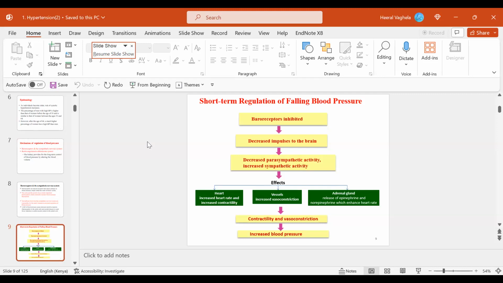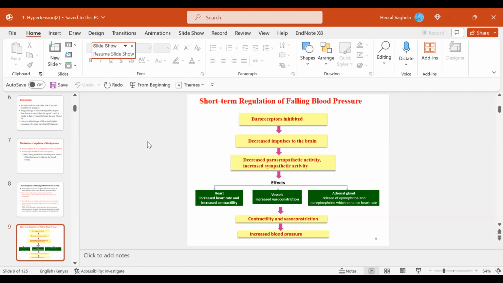So when your baroreceptors are inhibited, which are on the aorta, I think, it reduces the impulses to the brain, and this is now to increase blood pressure. And we know that the sympathetic system is the one that increases your blood pressure and not the parasympathetic. So it reduces your parasympathetic and increases your sympathetic activity.